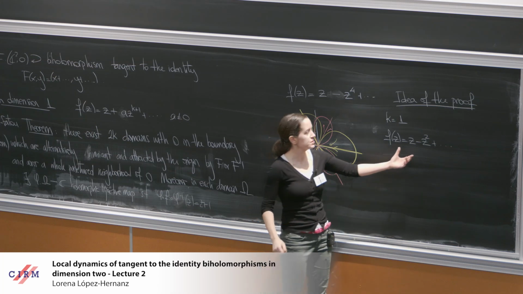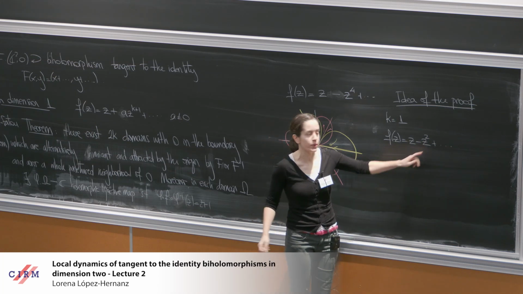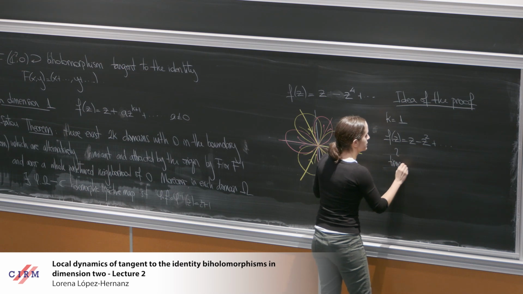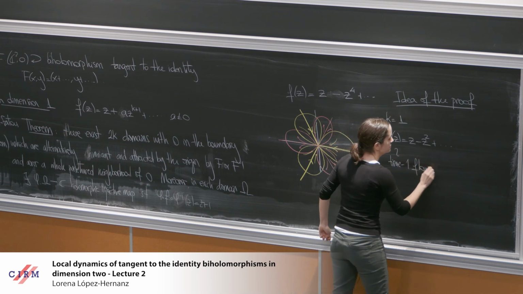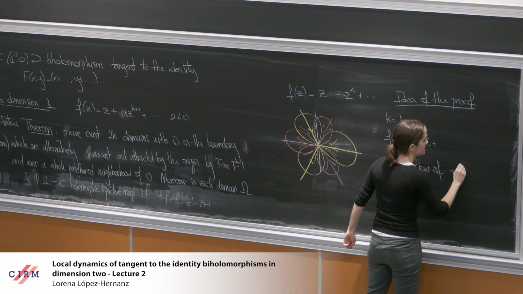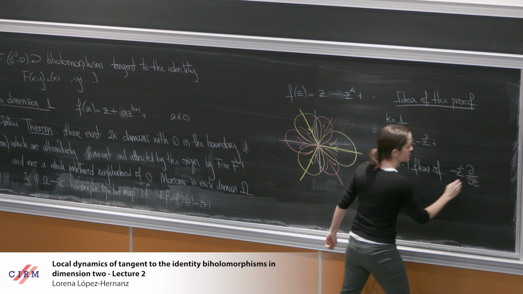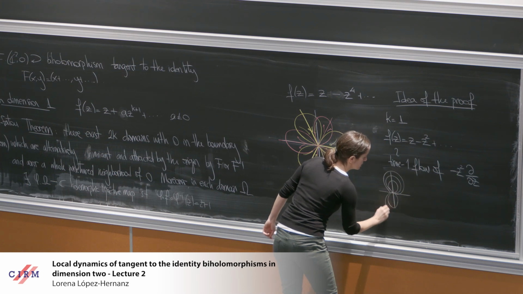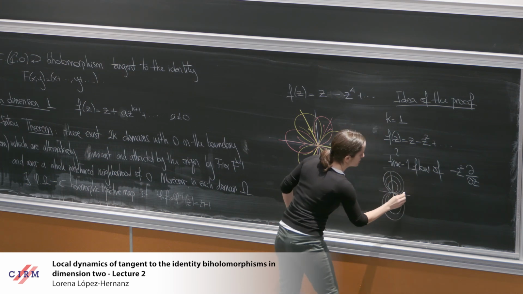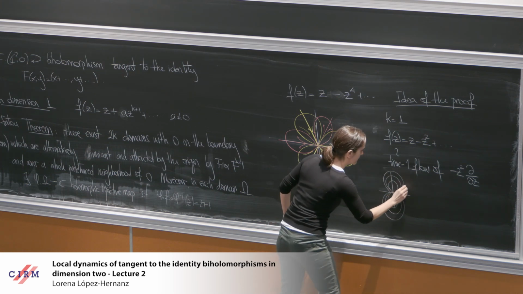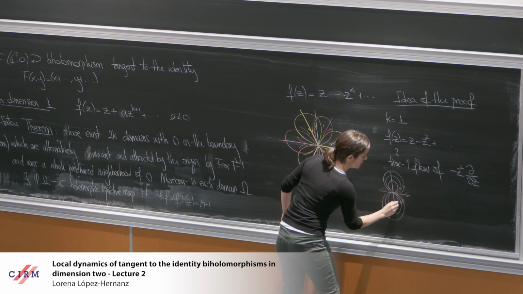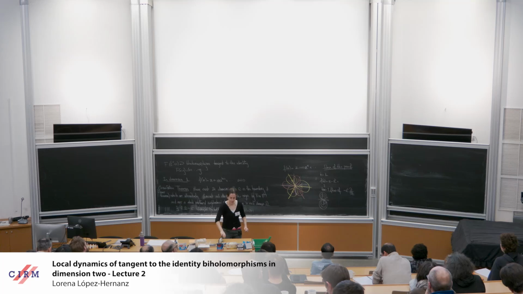This is very close to the time one flow of the vector field minus z squared partial with respect to z. So the orbits behave like this. And here we find the attracting petal.